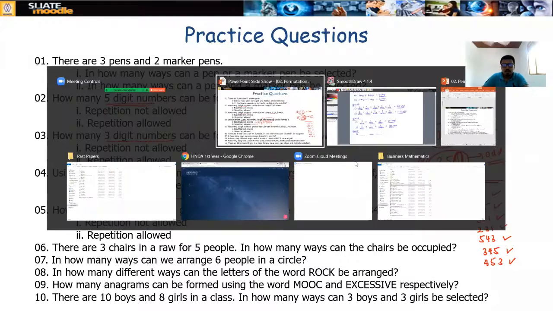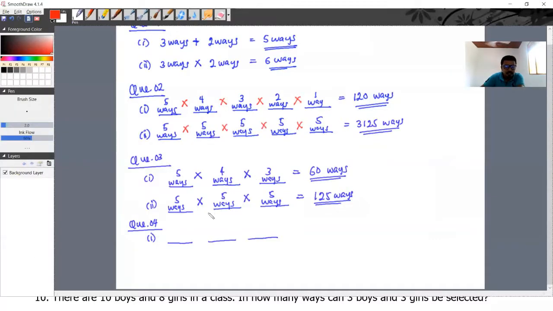So in our case, in order to determine whether a particular 3-digit number is an odd number or not, what digit do we need to focus on? That is the last digit. Based on this last digit, we decide whether it is an odd number or an even number, isn't it?